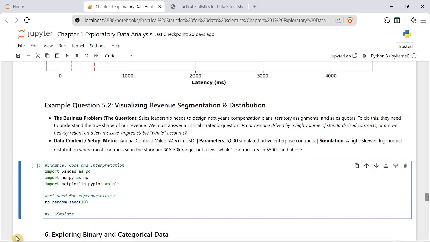Simulate 5,000 enterprise contracts. Enterprise contracts, right skewed.